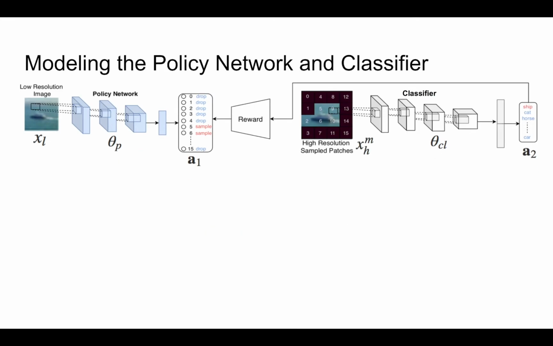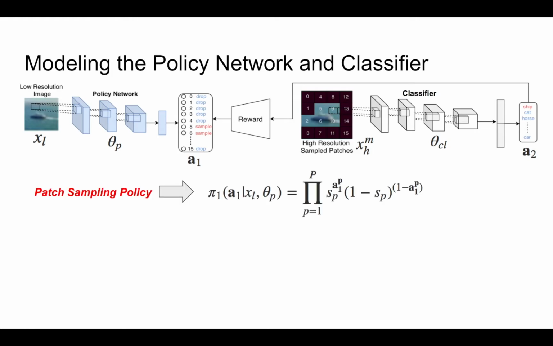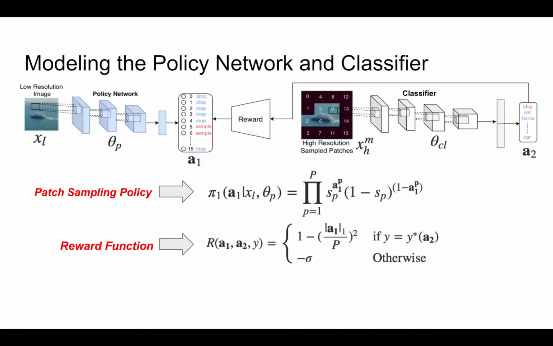We now model the policy network and classifier. The patch sampling policy is the product of individual Bernoulli distributions, where each distribution represents a unique patch in the image space. Here, SOP represents the policy network output. On the other hand, the reward function is a function of A1, A2, and Y, where Y represents the ground truth label for the image.